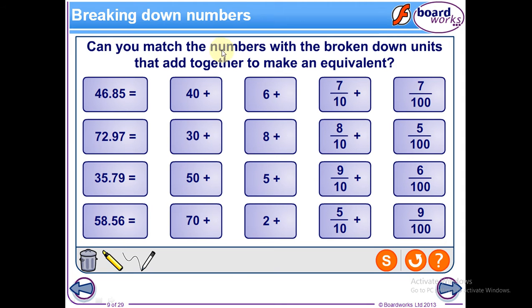Okay, so can you match the number with the broken down units that are together to make an equivalent number here? Okay, so guys, let me just start with this one here. Let's just quickly read this one. This is 46 units. So you can see that I can match this one to this 40, and this is 6 units. I can match this one to this. This is 8 over 10.